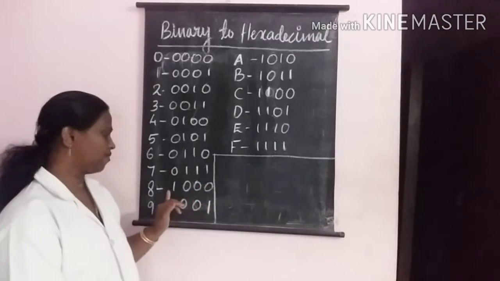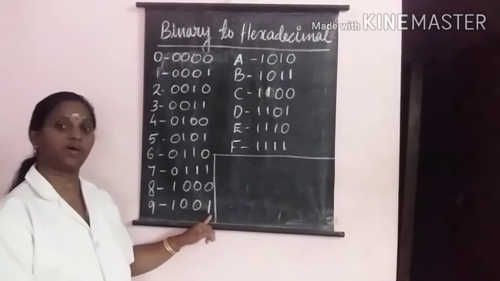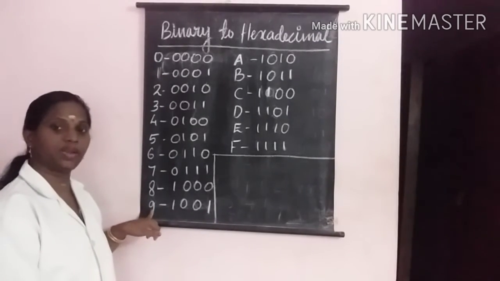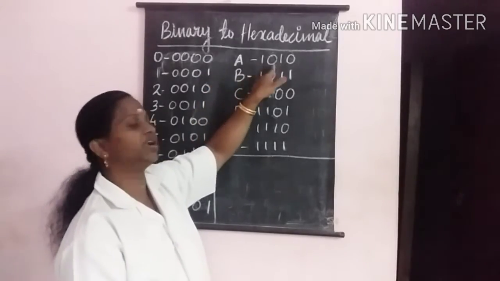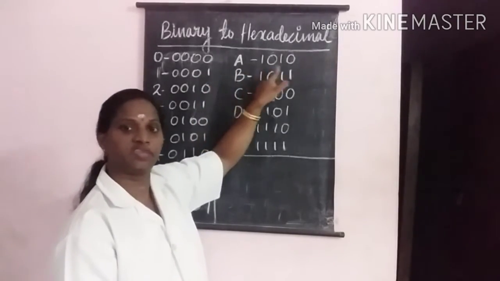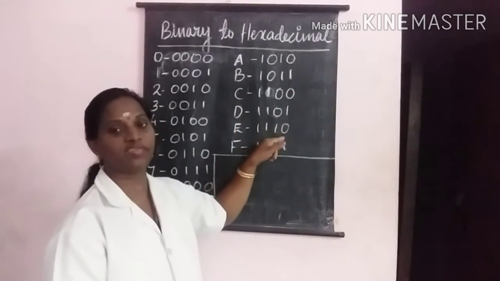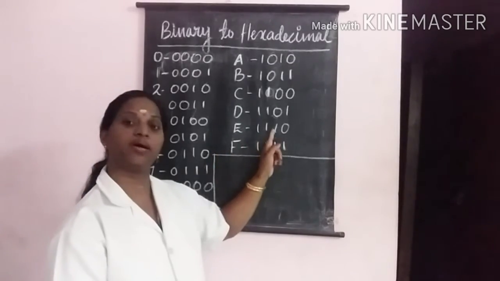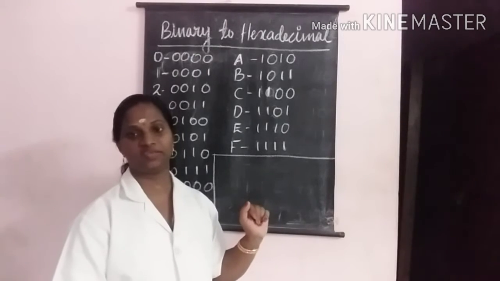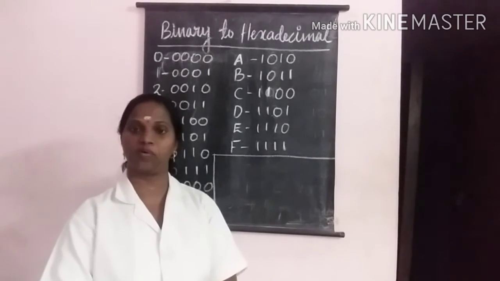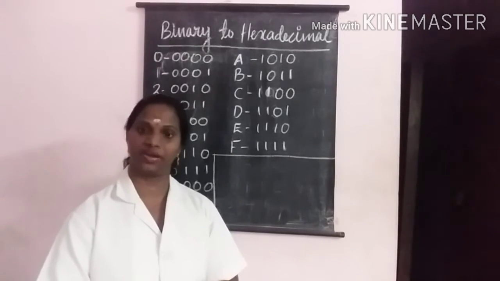Then after 9, A is represented as 1, 0, 1, 0, B 1, 0, 1, 1, C 1, 1, 0, 0, D 1, 1, 0, 1, E 1, 1, 1, 0 and F 1, 1, 1, 1. Okay, this is the binary representation for the numbers 0 to 9 and A to F.